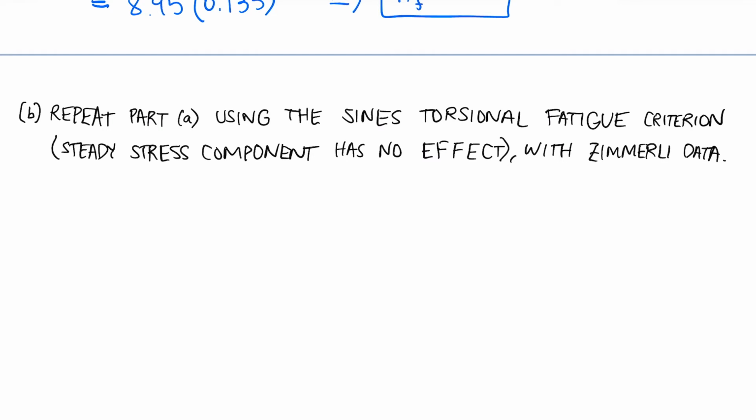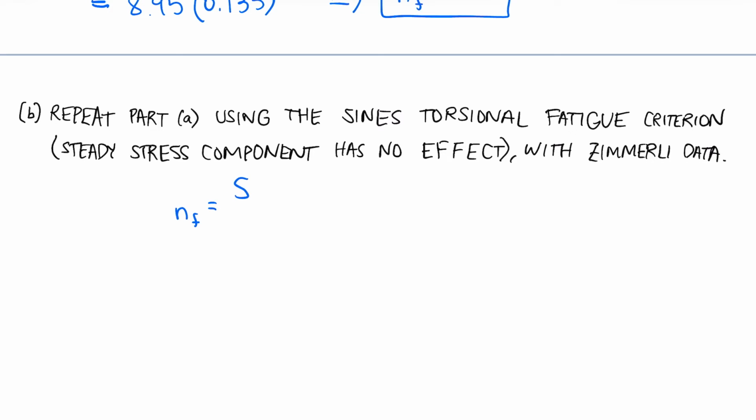All right, so now part B tells us to repeat part A using the Sines torsional fatigue criterion, which ignores the steady stress component, and it asks us to use Zimmerli data for that. So again, this is something we haven't really talked about in class. If this were on an exam, I would give you this equation for the safety factor.